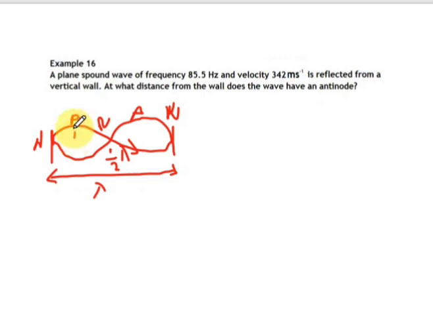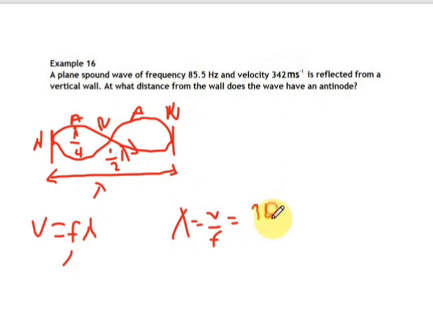Then it therefore means that from a node to an antinode, the wave is going to be what? Half wavelength. So let's see, V is equal to F lambda. We are given F, so we can say that lambda is equal to V divided by F. Now V is 342 meters per second divided by 85.5, which is the wavelength.